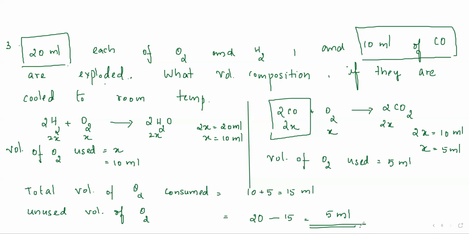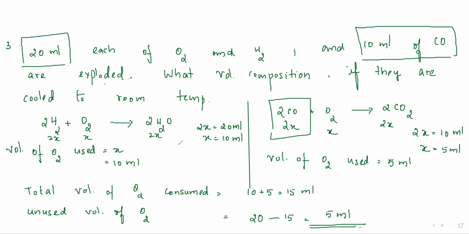So, you got one of your answers, that is, the resultant composition will be 5 ml of oxygen along with other products. Now, first equation, what is the product? Water vapor. But it's mentioned that the products are cooled to room temperature. When you cool water vapor to room temperature, it will convert to liquid water.